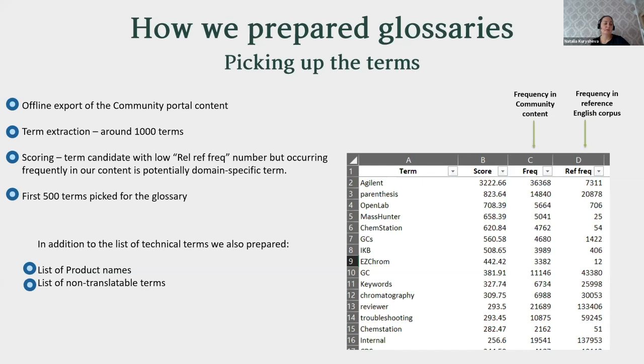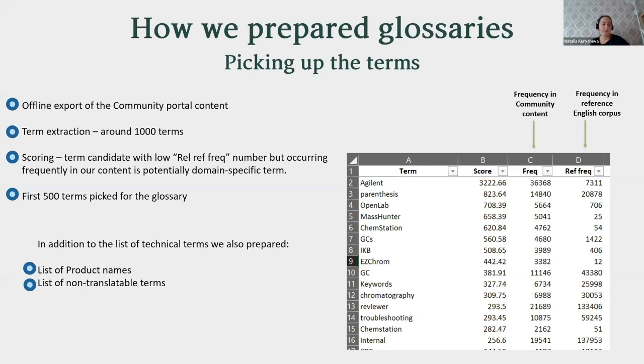If frequency in the reference English corpus was low, that means there was a high probability of a mistake when translated by MT. So we took terms with highest frequency in Agilent content and lowest frequency in the reference English corpus, and got a list of approximately 500 terms to be added to our glossary.